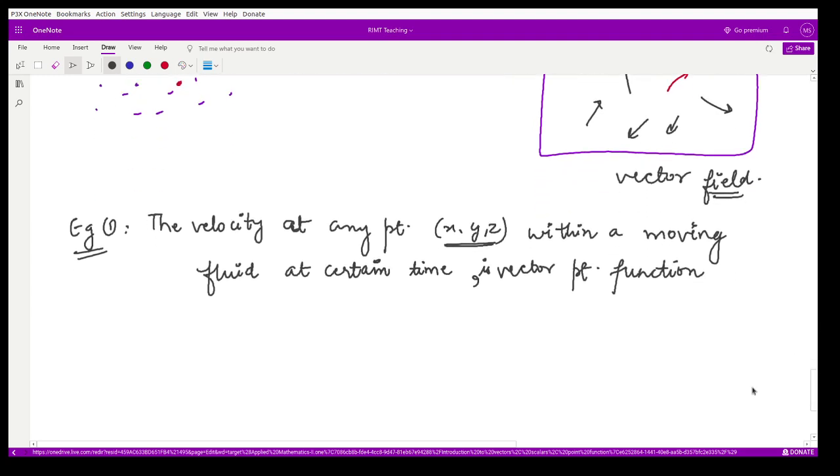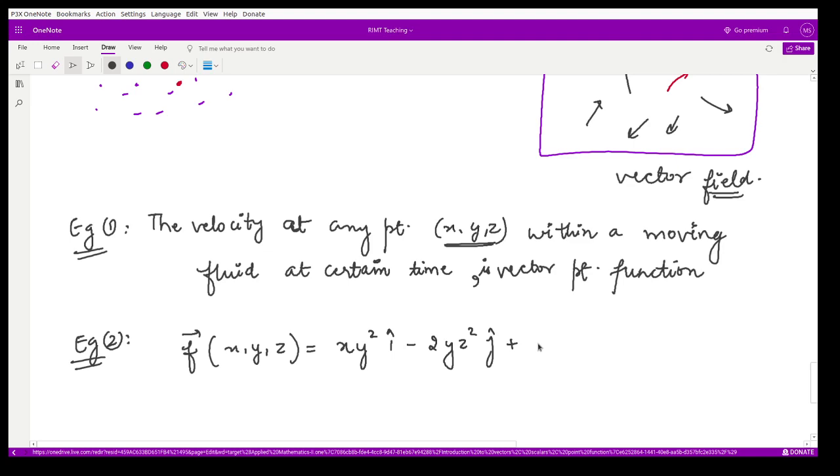And what is the vector field? For that you could define this function f of x, y, z. This is defined like this: x y square i cap minus 2yz square j cap plus x square z k cap.